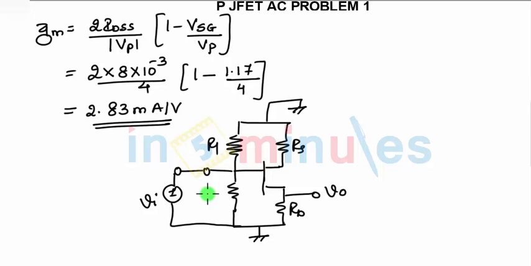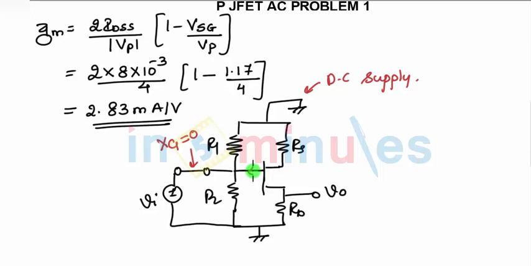This is your R1, this is your R2. Now in this case, since there was a DC supply over here, it has been replaced by a ground, and here was a capacitor whose XC is now becoming 0. If it is infinite, it will act as open circuited. So this is how the AC equivalent is made.